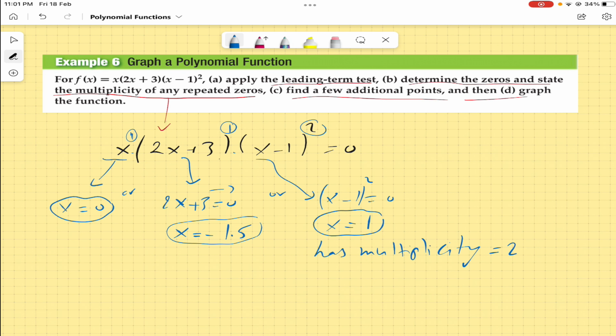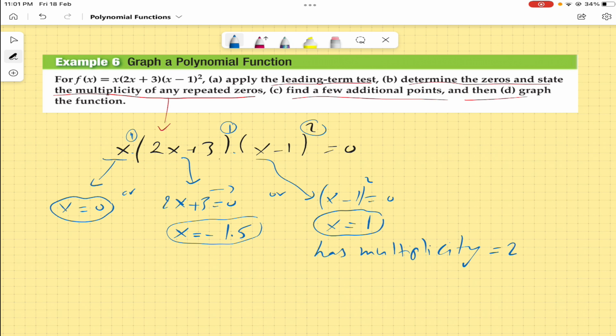So let's talk about the end behavior now. As we mentioned earlier, the end behavior depends on the degree of the polynomial. Now our question is given in the factored form. So we need to multiply the brackets to expand and then multiply to get the last answer to find the degree.